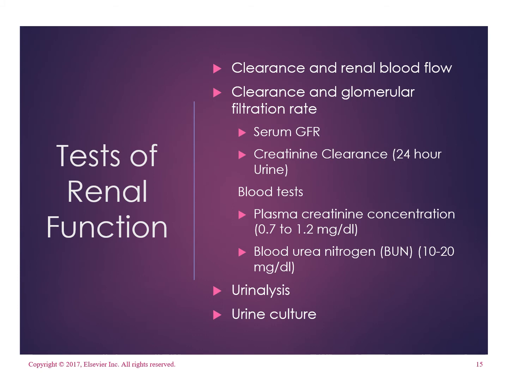And if you're looking at that level, it's usually going to be 0.7 to 1.2 mgs per deciliter. When we're looking at BUN in the blood, it reflects the glomerular filtration and urine concentration capacity. And it's going to range from 10 to 20 mgs per deciliter.